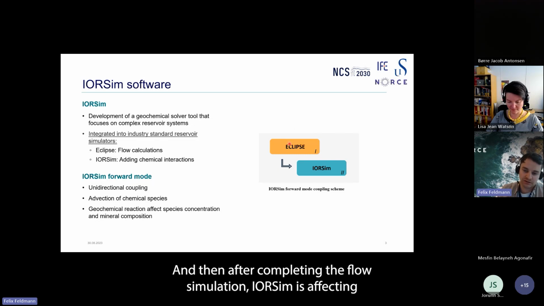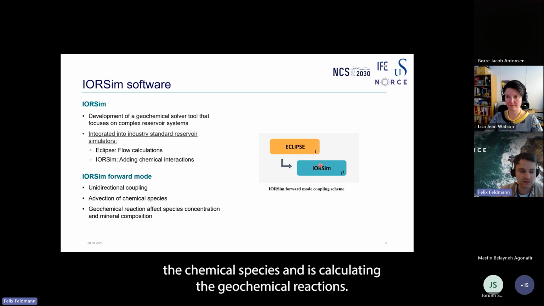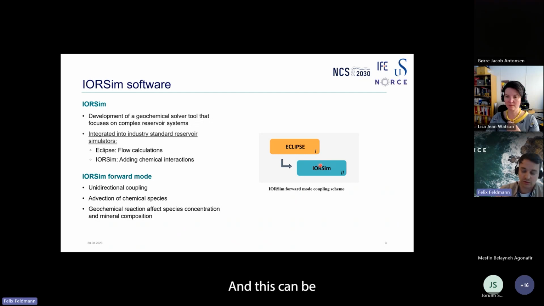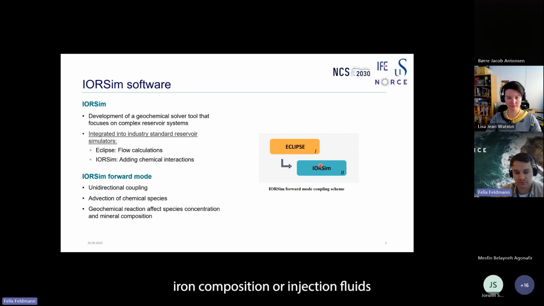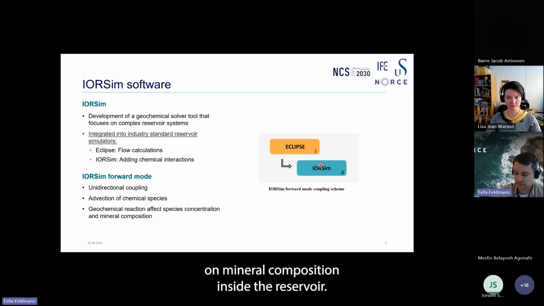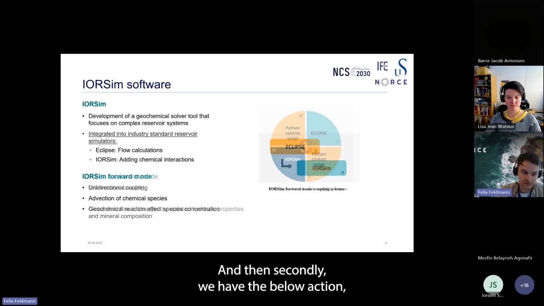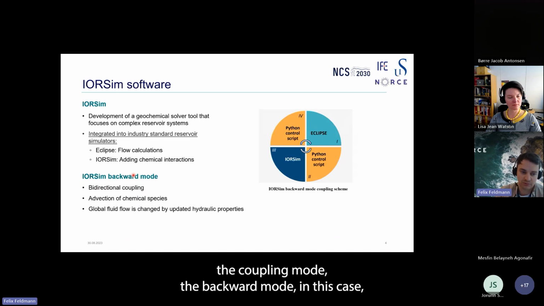And then after completing the flow simulation, IORSim is detecting the chemical species and is calculating the geochemical reactions. This can be of interest, for instance, to see the impact of ion composition or injection fluids on mineral composition inside the reservoir. And then secondly, we have the bidirectional coupling mode, the backward mode.